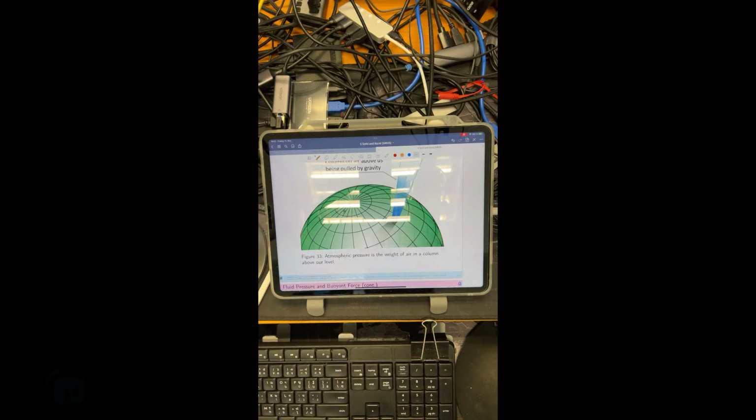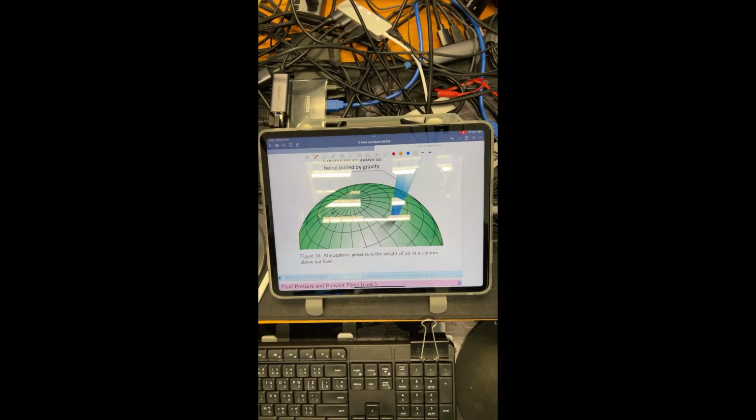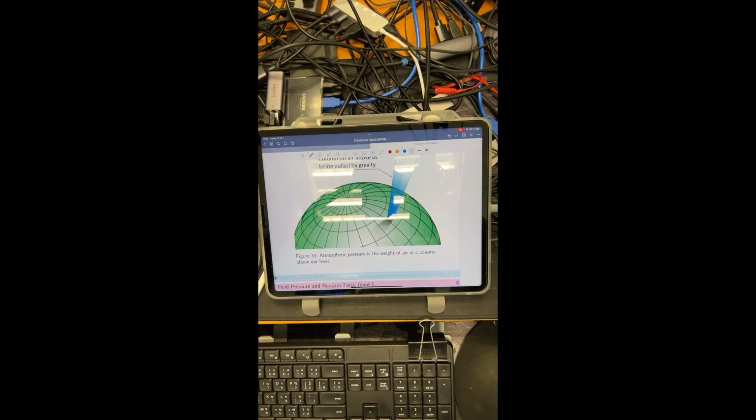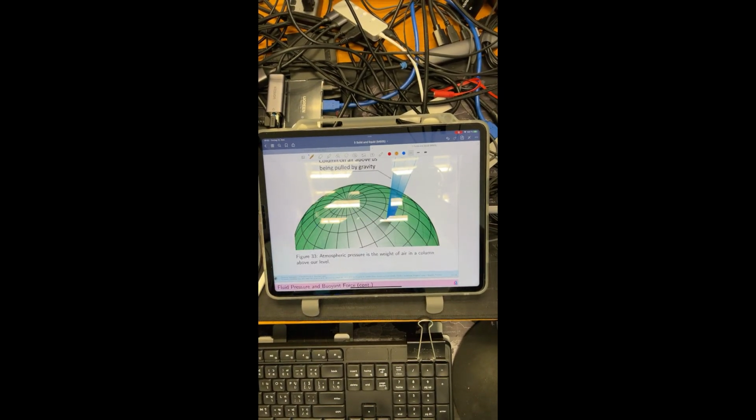The Earth doesn't have the shape of a perfect sphere, but rather it's a spheroid. We have already seen the actual shape of the Earth, which is called a spheroid, right?